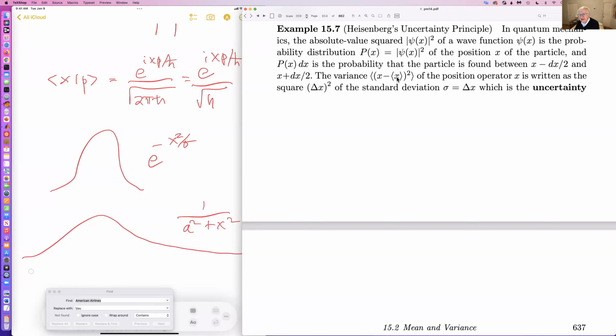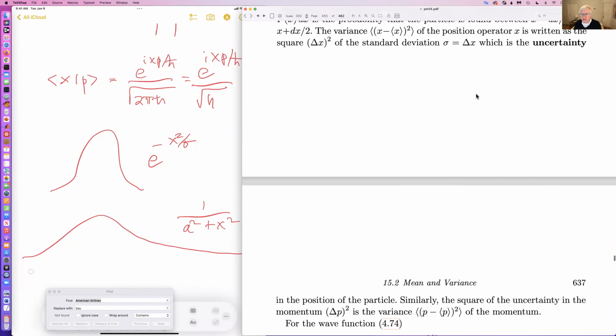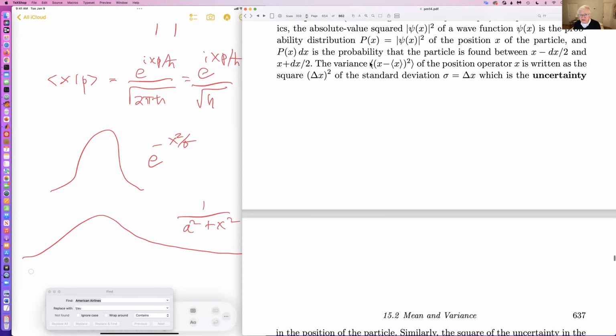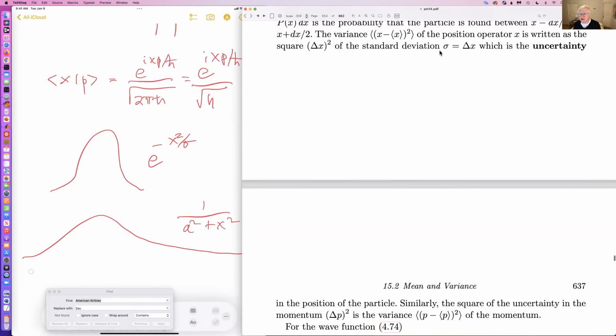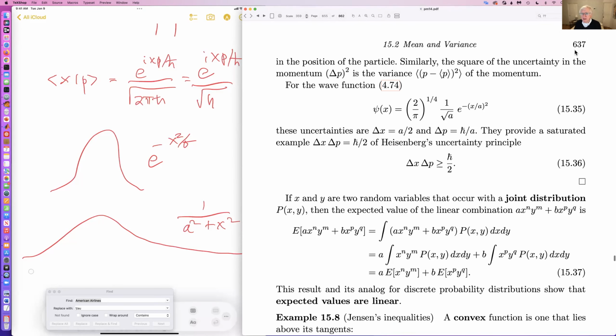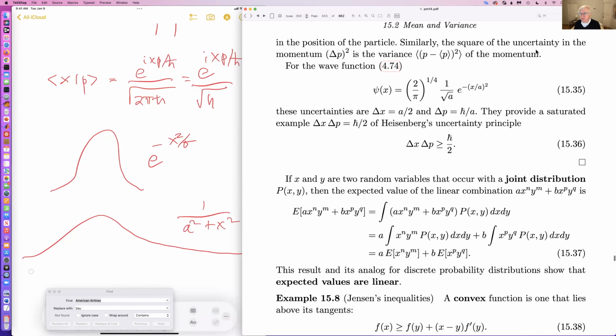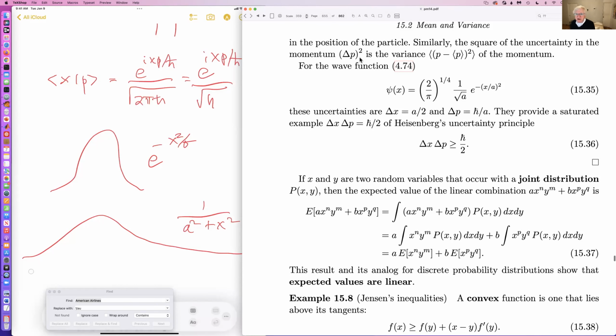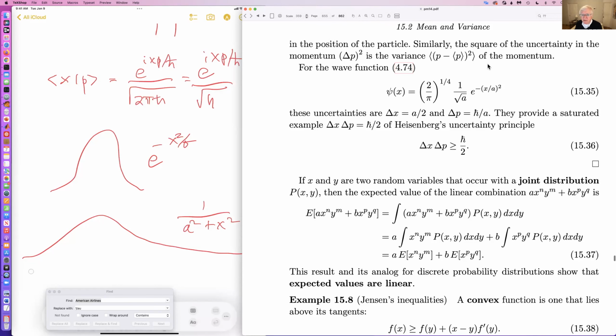At least this is clear, whereas this, I always have to look up what the hell this is. The standard deviation is delta x. And anyway, remember, sigma, this is the variance, sigma is the square root of this thing. And we call sigma the uncertainty in the position. And similarly, the square of the uncertainty in momentum is the variance in the momentum.